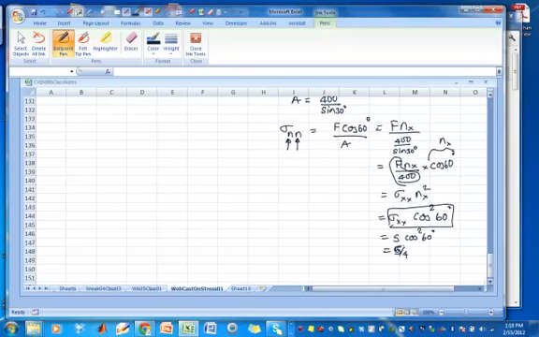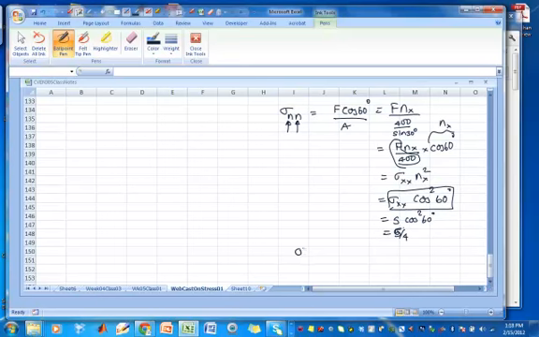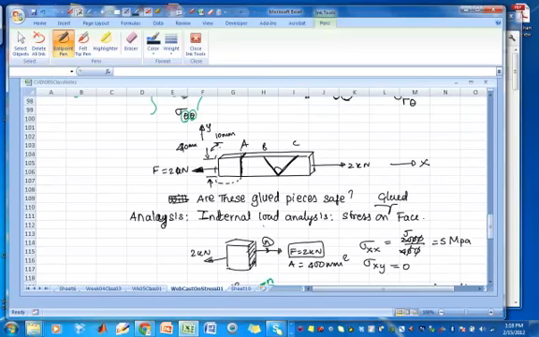But that's not the only thing that's there. There is also sigma nt. That means t is this direction.